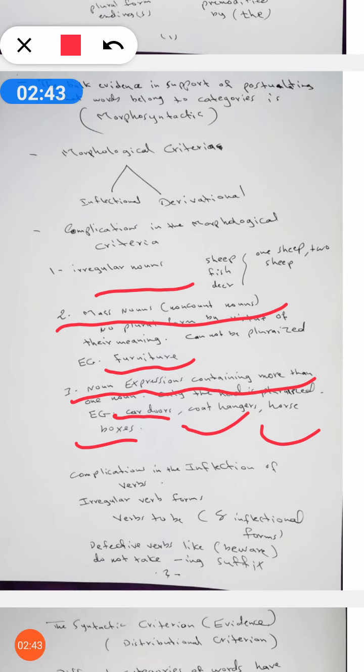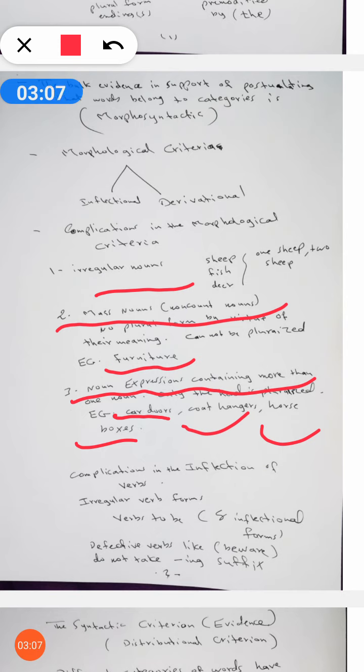The verbs, for example, also have other kinds of complications, especially in the inflection. For example, not all verbs are inflected to the third person singular, the ing form, or the present participle, past and past participle.